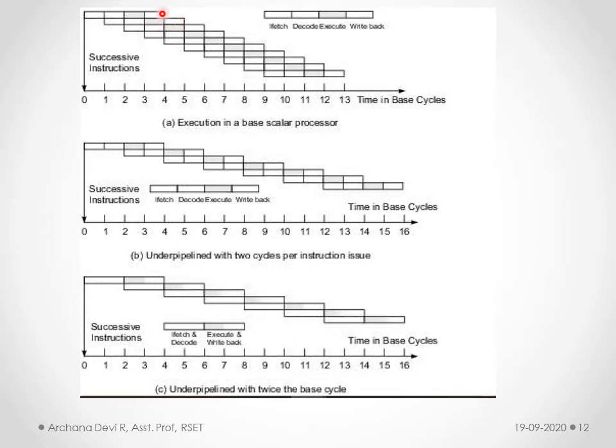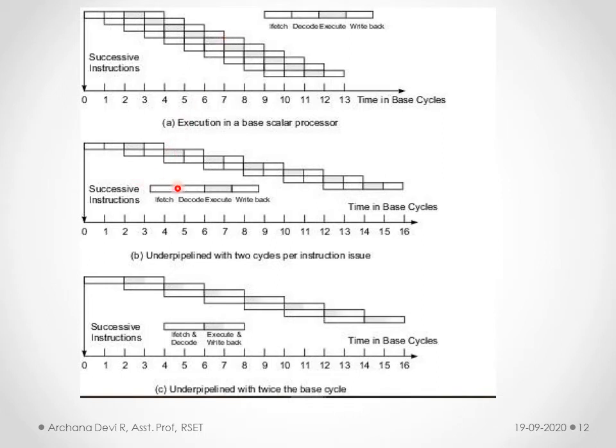So what happens here? The average CPI becomes 1, because from the fourth cycle onwards, after the completion of every cycle, one instruction completes its execution. So the clock cycles per instruction will become 1 in this case.